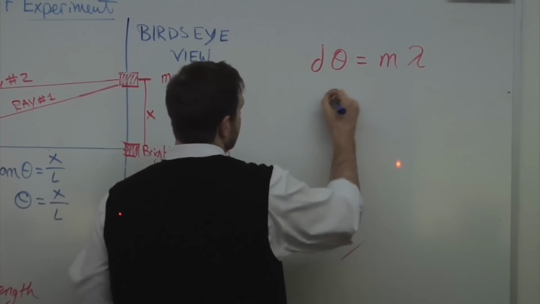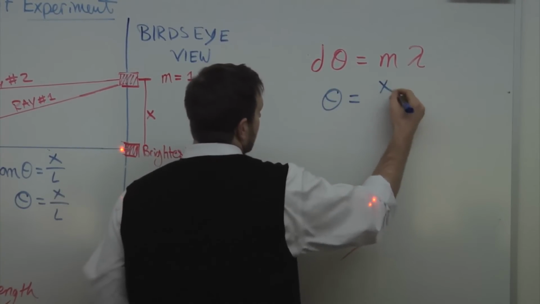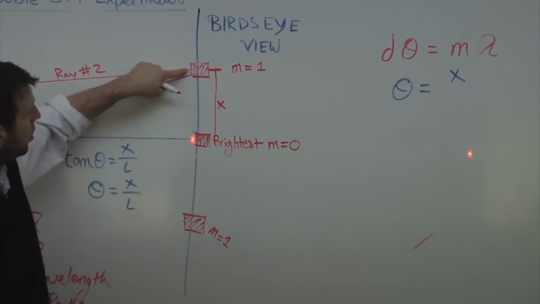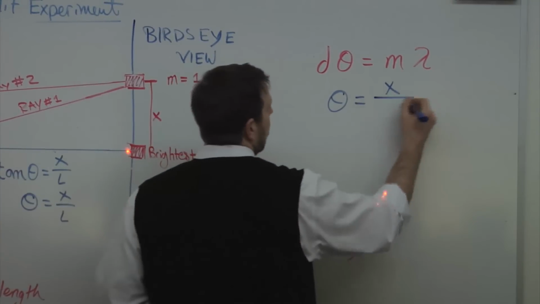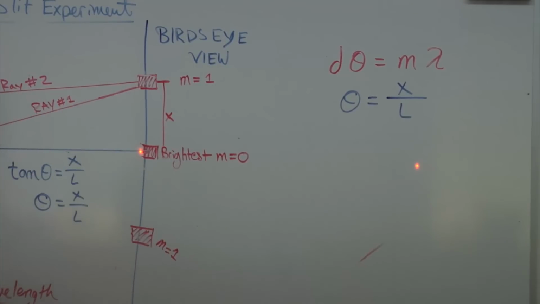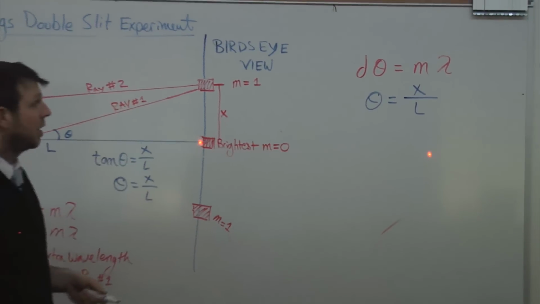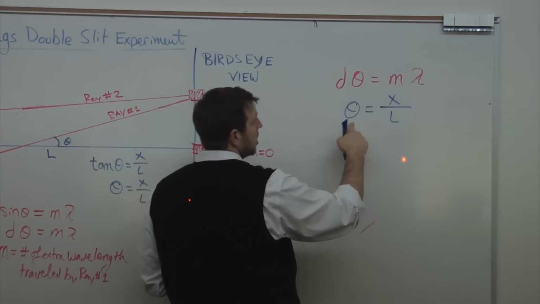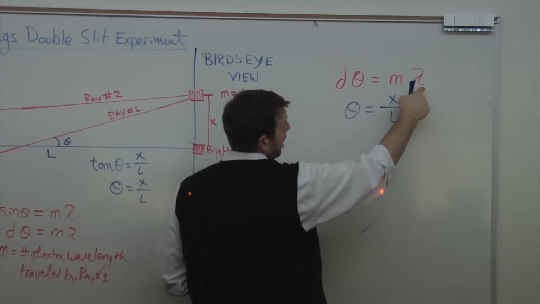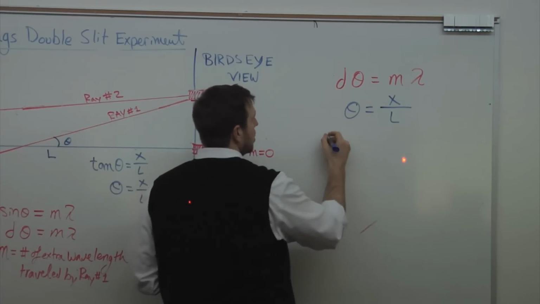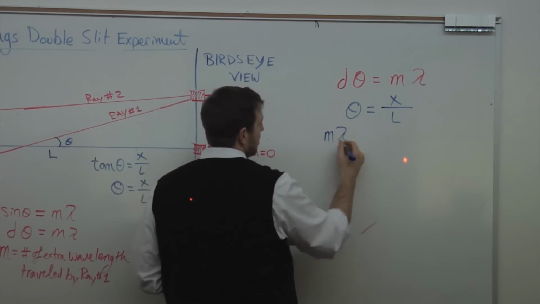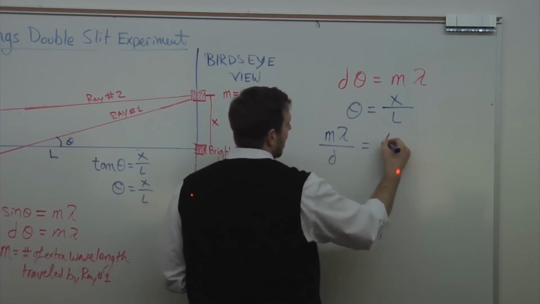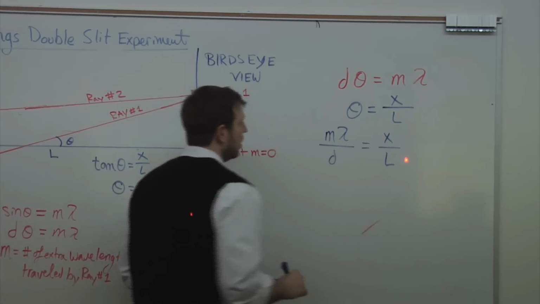And my second formula is theta equals x, which is the distance from our brightest spot in the middle to another bright spot, over L, the distance between the actual light source and the screen itself. If I set this equal to this, I'm going to have m times lambda divided by d equals x over L.